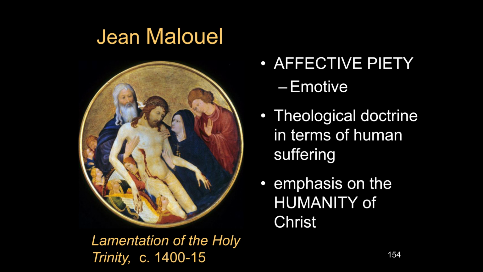And so this idea of affective piety is here informing the theological doctrine. So you have both the doctrine, but it's shown here in terms of human suffering. And one of the things you'll see in the late Middle Ages is affective piety and devotions, but also an emphasis on the humanity of Christ. Yes, he really died. It wasn't just an illusion. He really suffered. He really suffered to help you, to help all humankind.